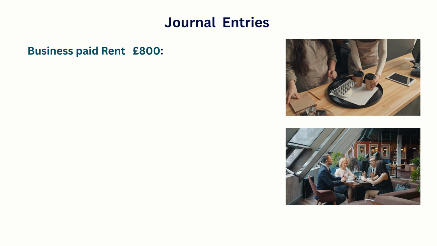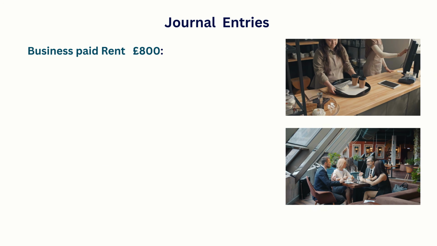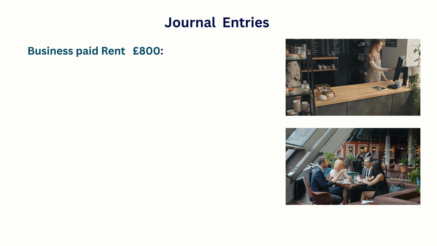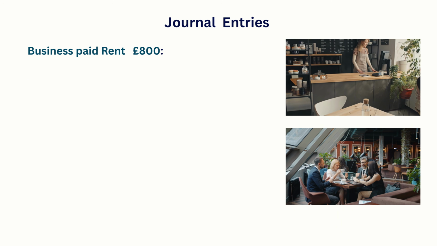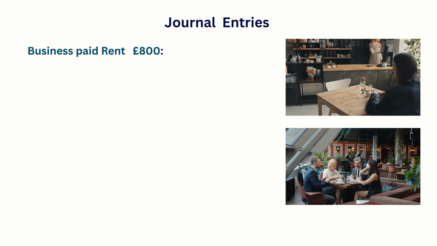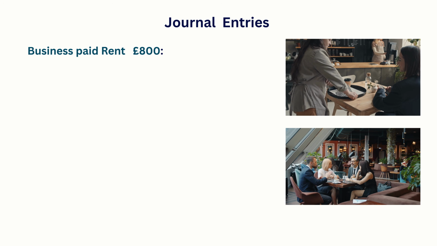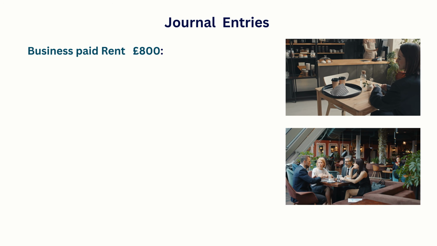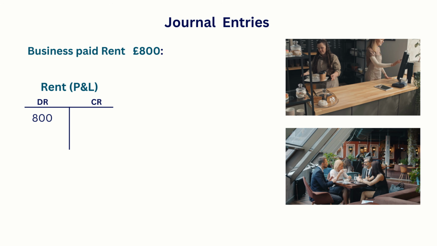Now let's move on to the transaction, rent paid of £800. The business has paid cash for rent, which is a cost of using premises for the business, for example, the coffee shop space. Let's apply double entry. We debit rent expense because expenses increase, and credit cash account or bank because cash is decreasing.